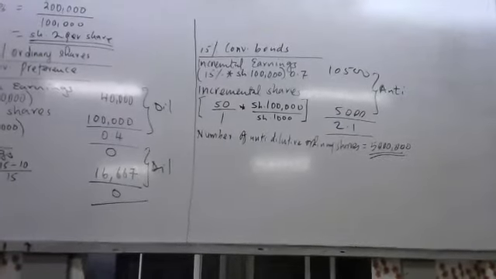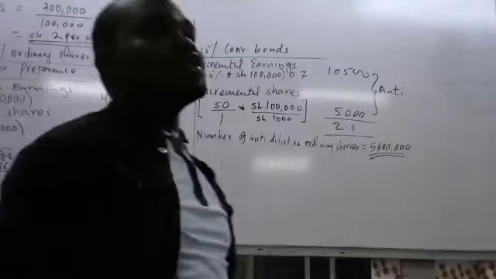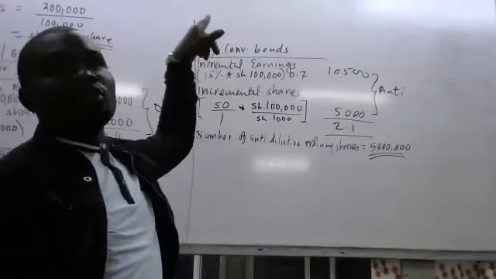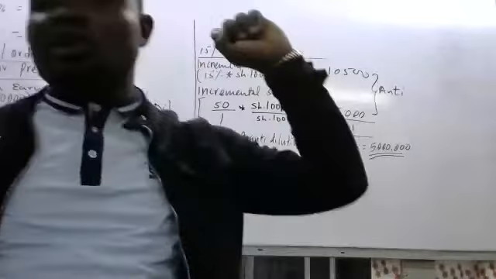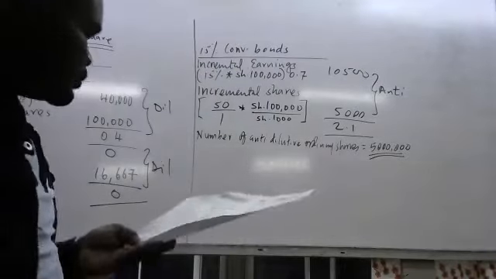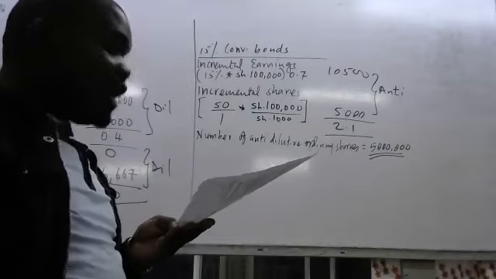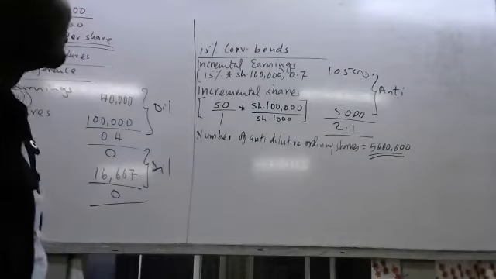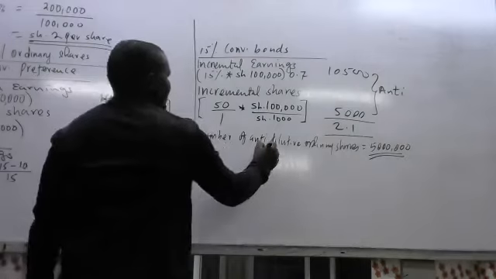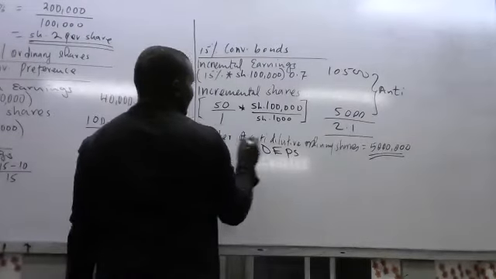If the examiner asks which security is anti-dilutive, then we say it's the 15% convertible bonds. That is the security which has no dilution effect. Then next, the fully diluted earnings per what? Per share. Let's calculate it here. Diluted EPS.